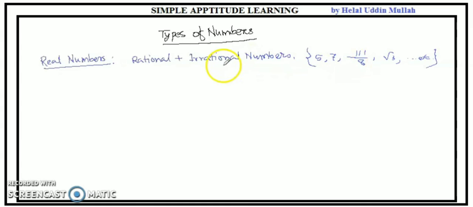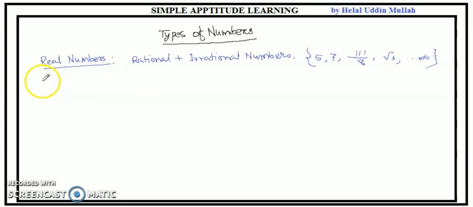Natural numbers like 5 or 7 can be expressed as a ratio of two integers. If we express 5 as a ratio, it will be 5:1. So the natural number 5 is also a rational number, and it is included within the real number set.